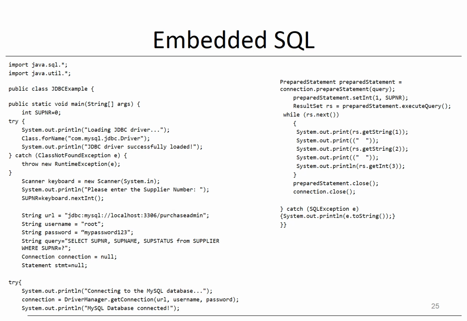The query variable is a string containing the SQL query we wish to execute. Note that it is a simple query asking for information about a particular supplier for whom the number was provided using the keyboard. It includes one input host variable as indicated by the question mark.